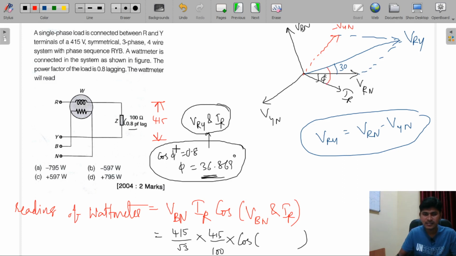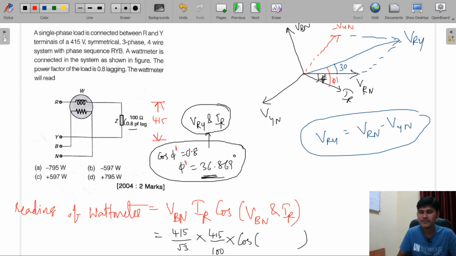Angle between VRY and IR, you take this as phi dash. Phi dash is 36.869.